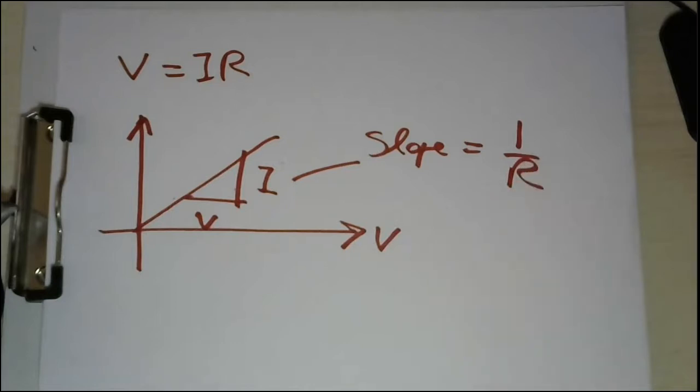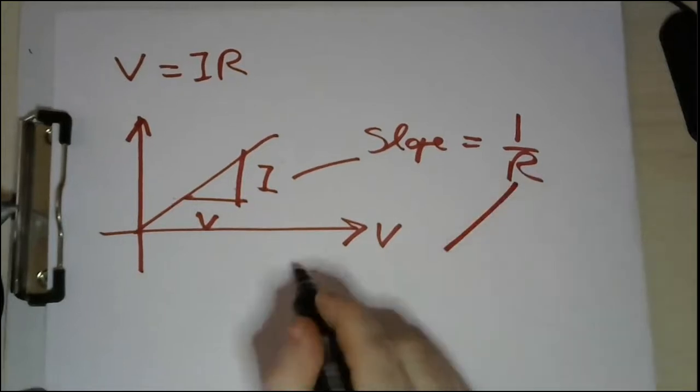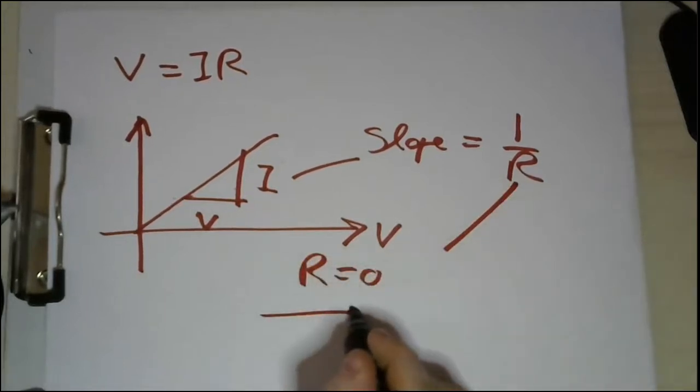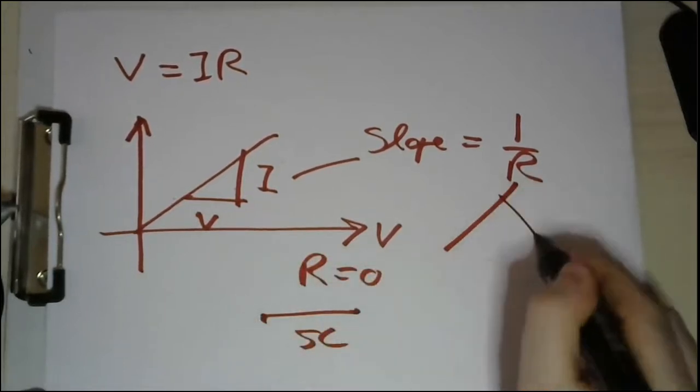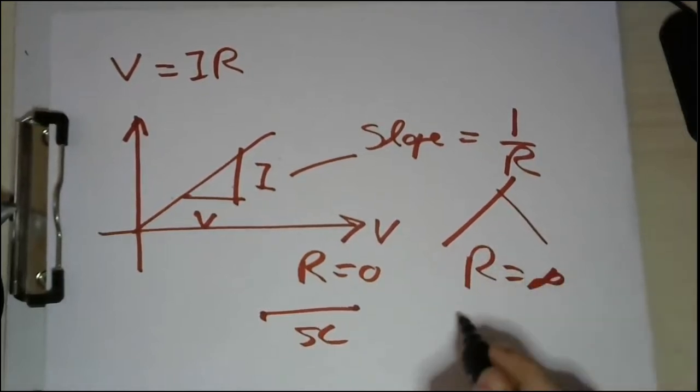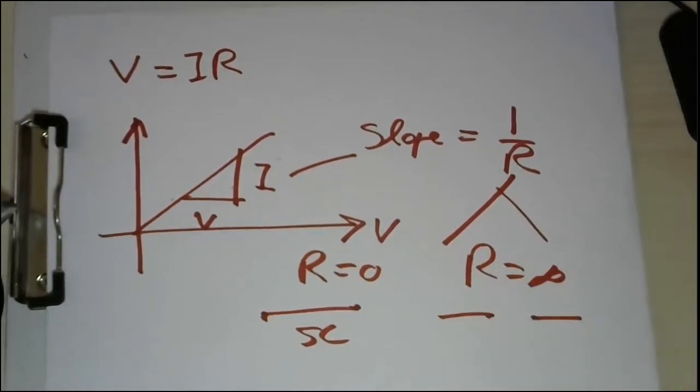Please remember that R equal to 0 represents the short circuit condition, and R equal to infinity represents the open circuit condition. But the question is how we can reflect this on the IV curve. Let's see.